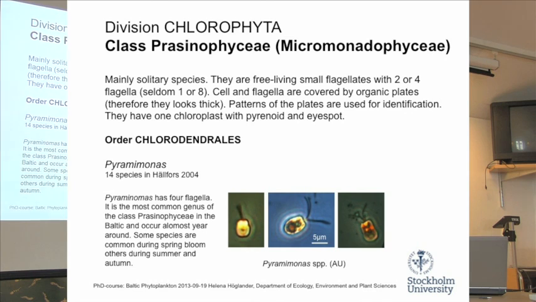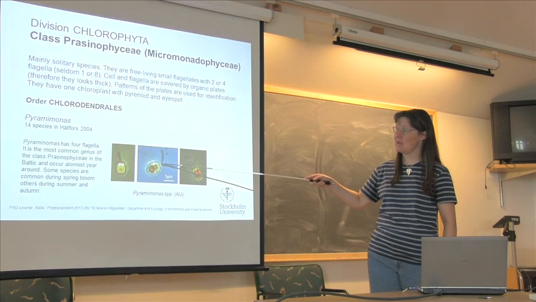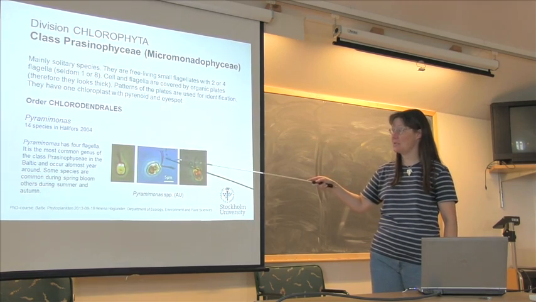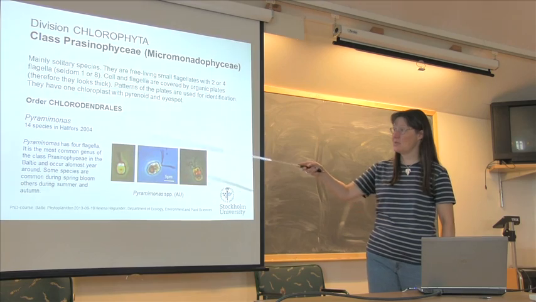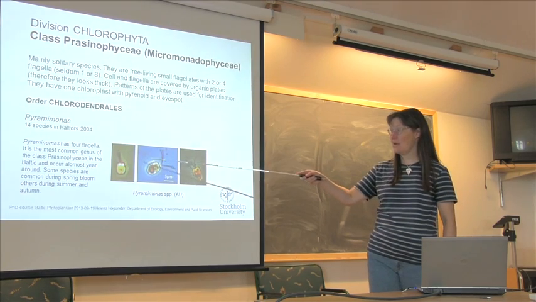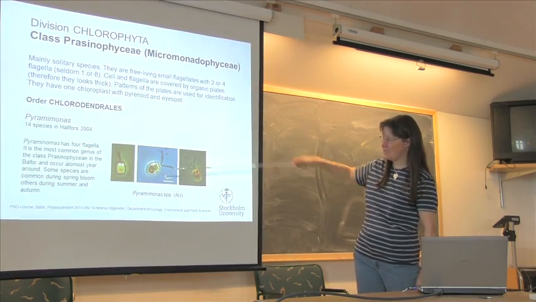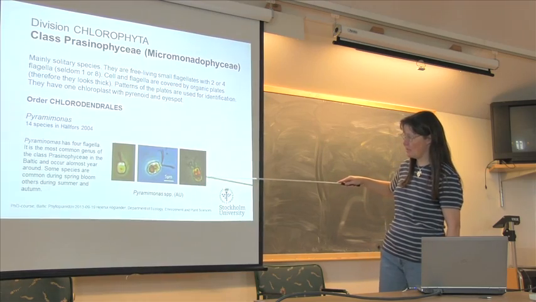Usually, if you have such a small cell, you cannot always see the flagella, or only a very thin one. But in this group, they appear much thicker, and it's due to the plates around it. And this Pyramimonas usually has 4 flagella, and it's more flat in one end and roundish in the other.